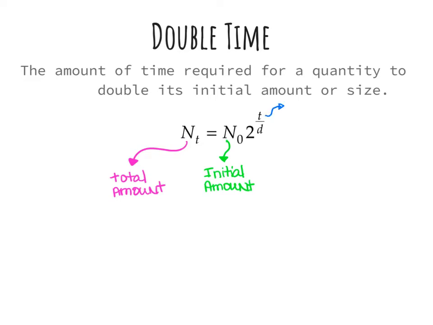How much time? And this will be time total. And then we'll have D, and instead of half-life, this is going to represent the doubling time, the amount of time it takes for something to double. So it'll tell you the doubling time is blank, and it'll give you a value, and that's where that would go.